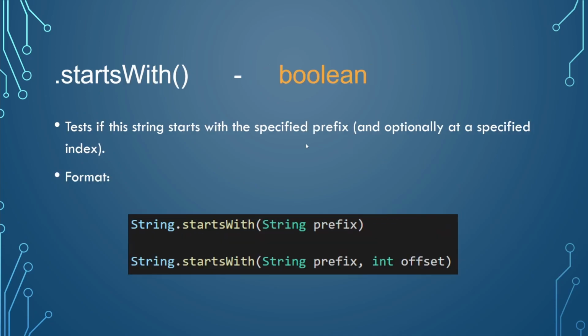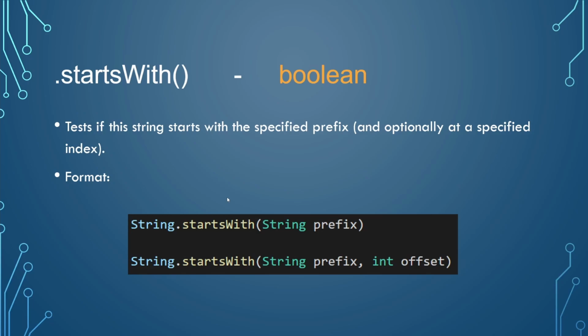Starts with. Well, it's quite simple. It literally tests if the string starts with a specific character. So if we say string dot starts with, it's not necessarily starting with a particular character, it could also be starting with a string of letters.